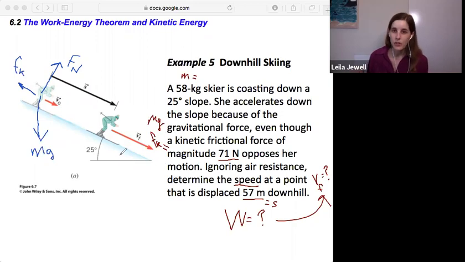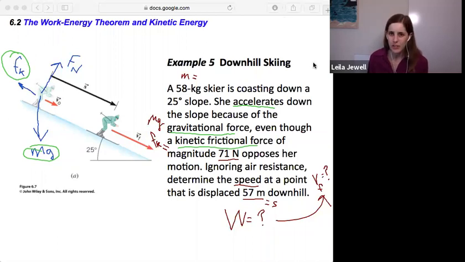Now, which of these forces is contributing or detracting from the overall motion of the skier? Well, the frictional force is one, but it also says that the skier is accelerating because of the gravitational force despite this kinetic frictional force. So there's going to be some factor of the gravitational force that's enough to overcome the frictional force.